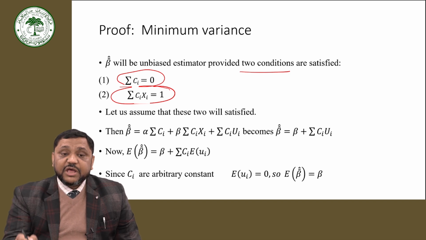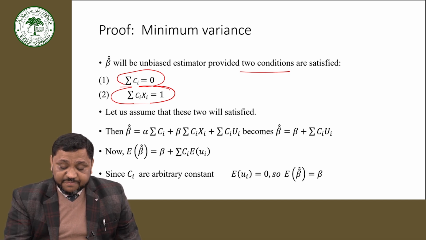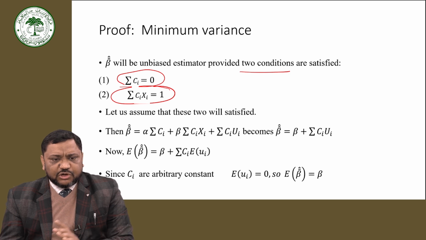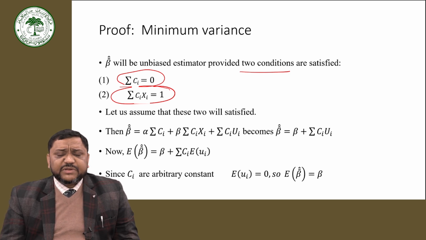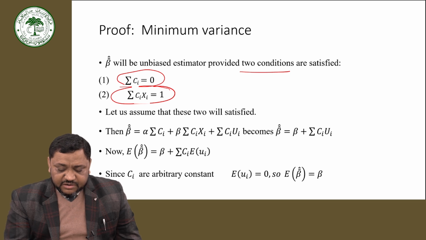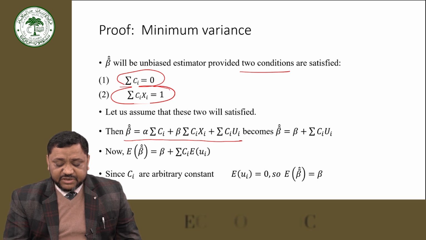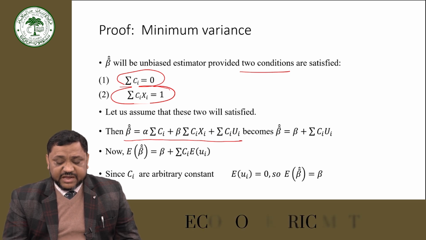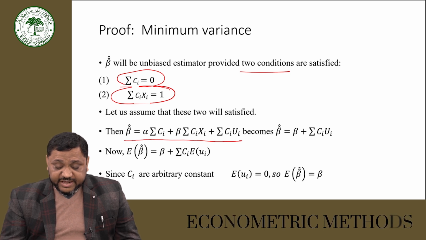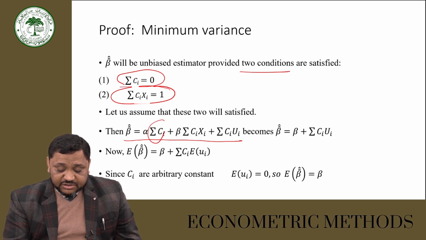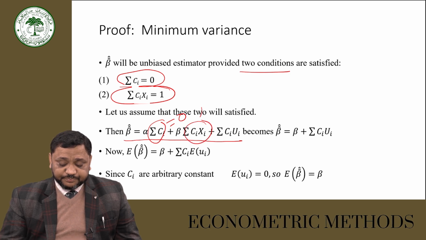So here also it will be unbiased if the same conditions hold as they did over there. Let us assume that these two conditions are satisfied. Then we can write that beta double hat is equal to alpha summation ci plus beta summation ci xi plus summation ci ui.